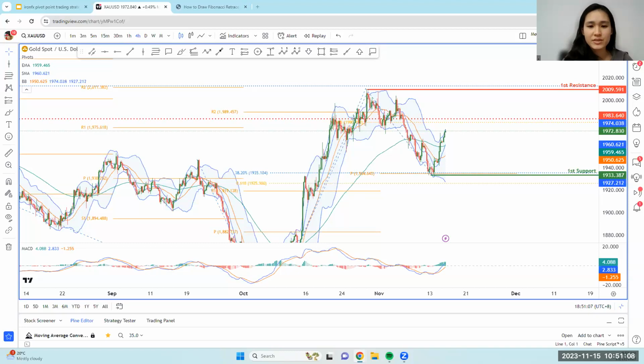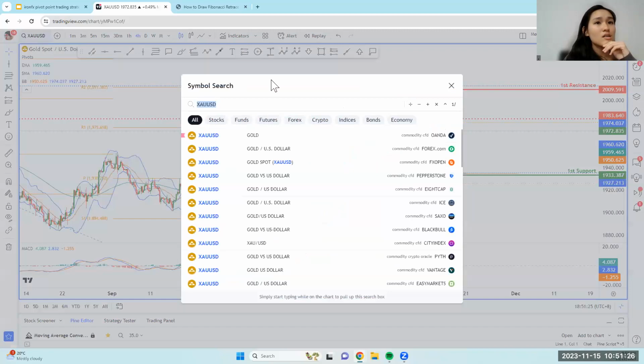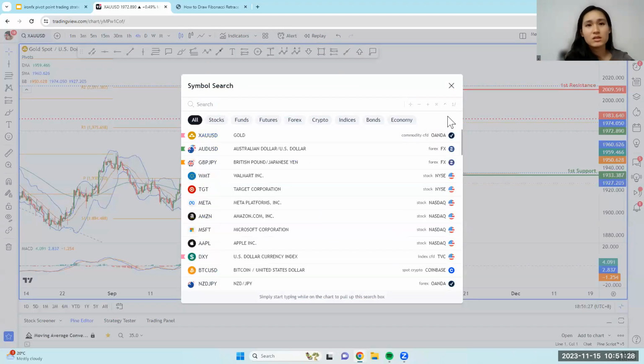Okay, let me know if you guys have any questions. Okay, I think we have time for maybe one more chart, just really quickly. Let's go ahead and look at maybe DXY.